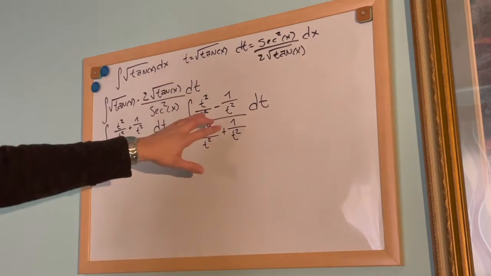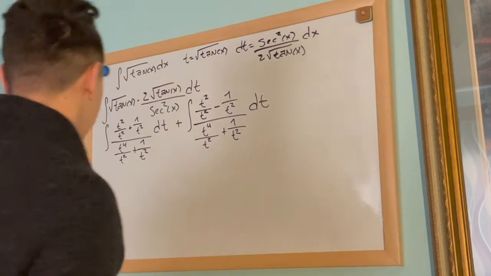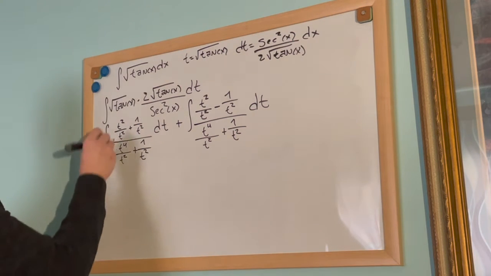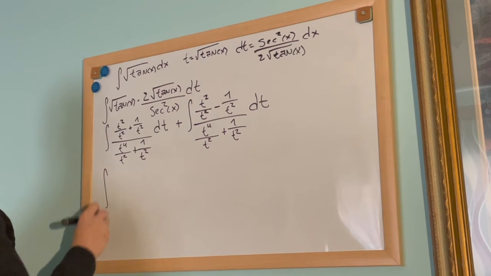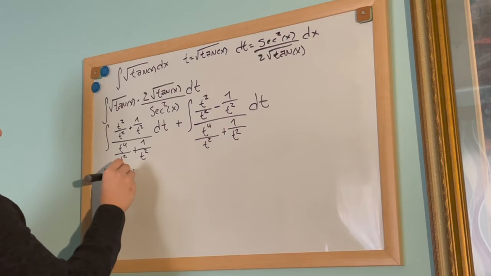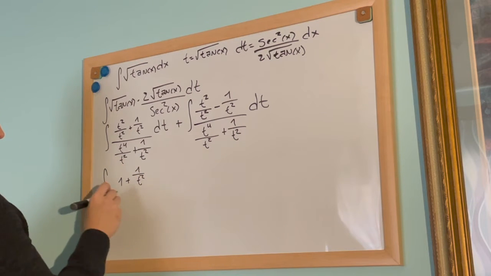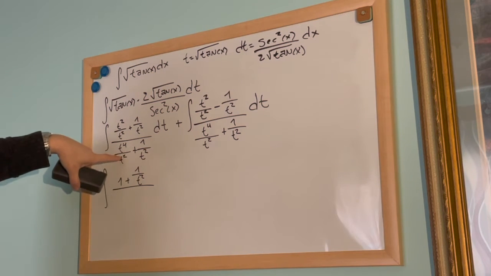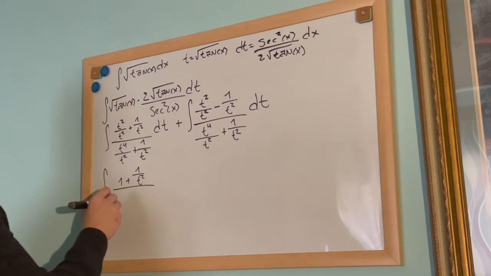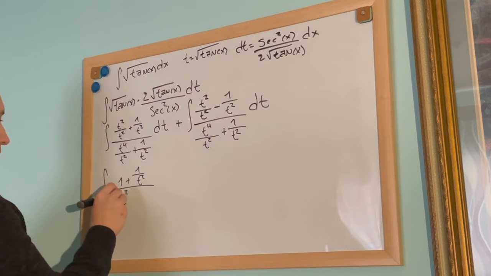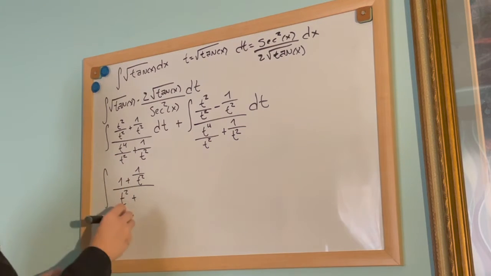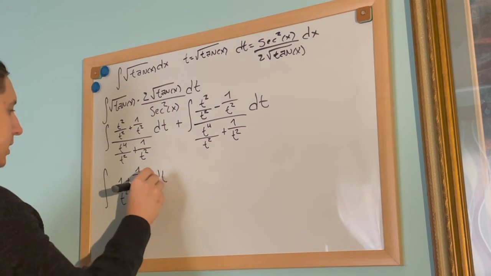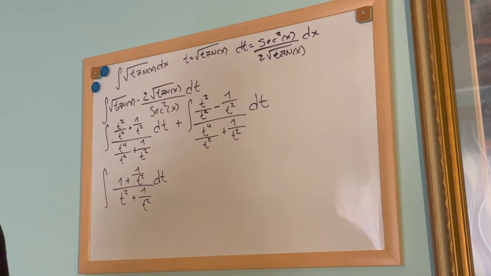And then, of course, we can break all of this down. Makes sense, because the t squared over t squared is going to be just 1. So just doing this one right here, this becomes 1 plus 1 over t squared. Well, this one, you just lose some of the powers: you do 4 minus 2. That's what we learned from algebra. And then this will just be t squared plus 1 over t squared dt. And then you do the same thing over here.